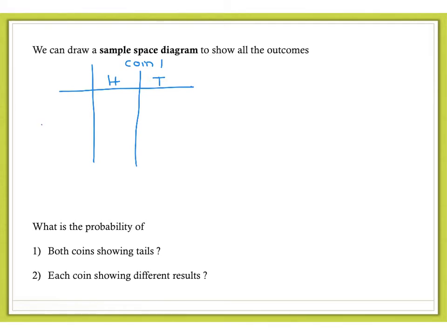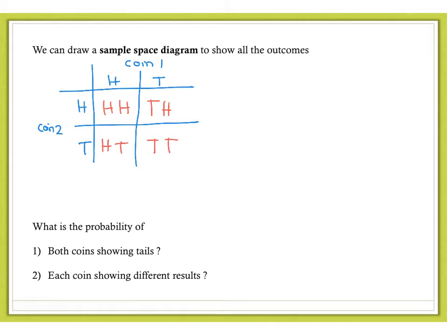And then here we represent what could come up on coin 2, which could also be heads or tails. And from our sample space diagram, we can see quite clearly heads, heads, tails, heads, heads, tails, and tails, tails. There are 4 possible outcomes which are equally likely to occur.